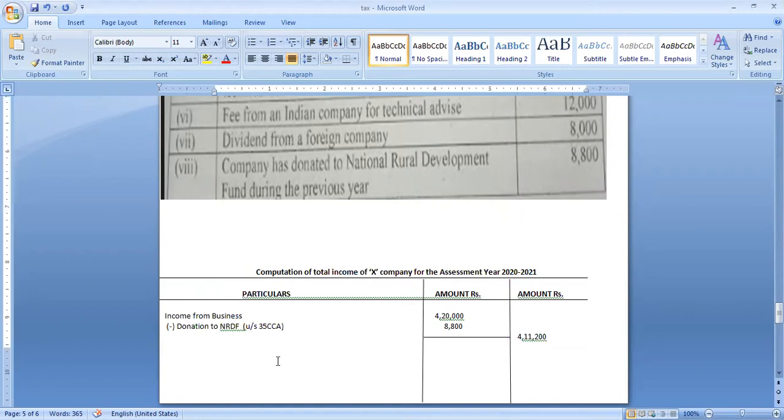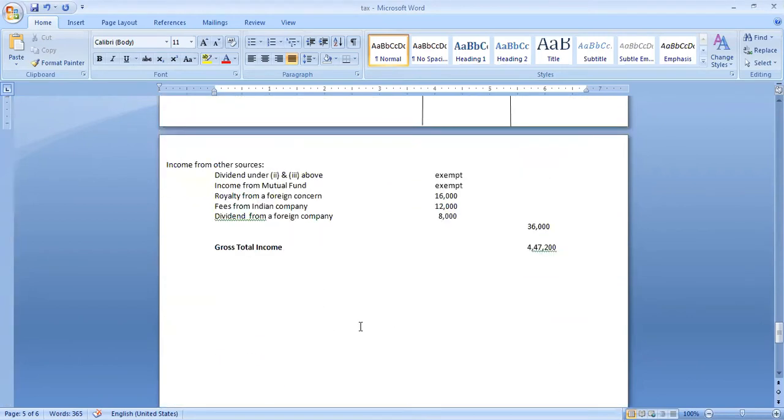From 4 lakh, here, minus deductions. See, in the problem, no deductions are there.